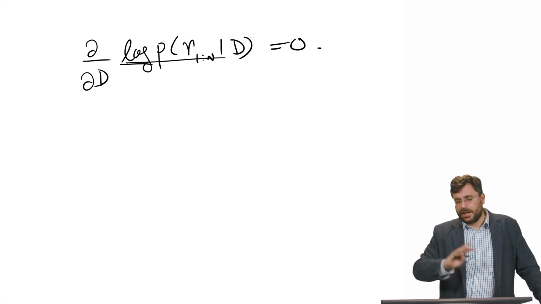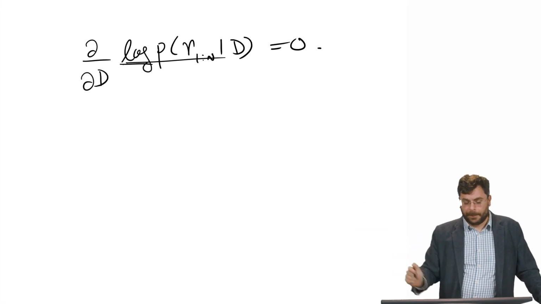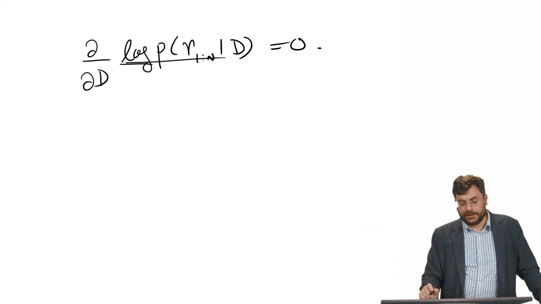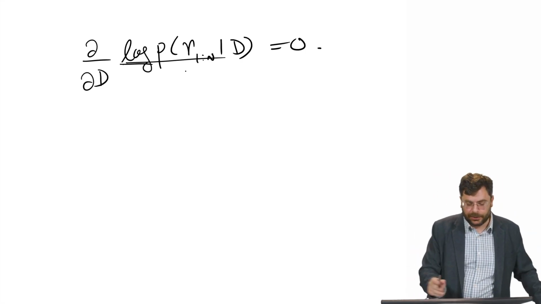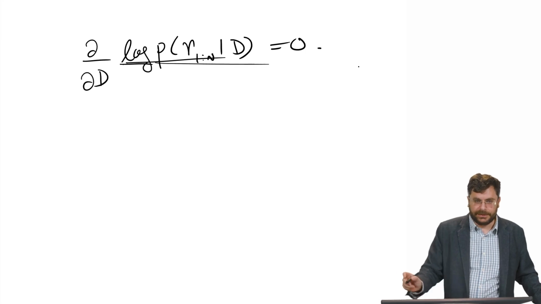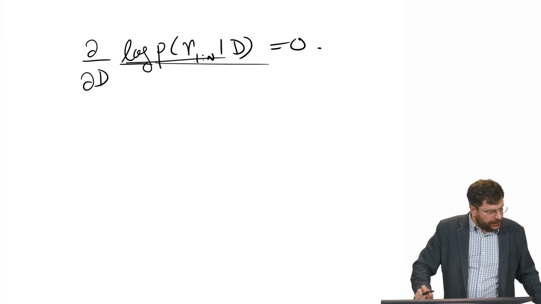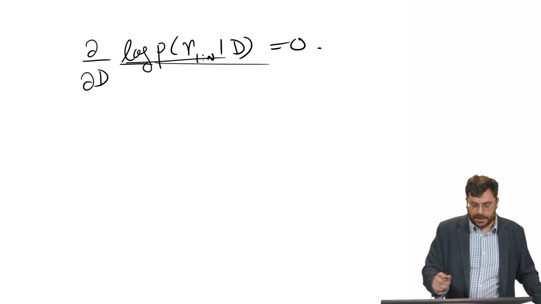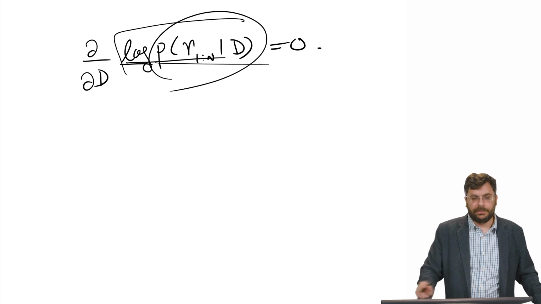Now, because the log of a function is monotonic with the function itself, in other words, they have maxima at the same location, then the maximum of the log of the likelihood will be exactly the same as the maximum of the likelihood originally itself. So that actually makes sense. So let's proceed forward by plugging in what we had derived earlier for P of R1 to n conditioned on D with respect to the diffusion coefficient to see what we find.